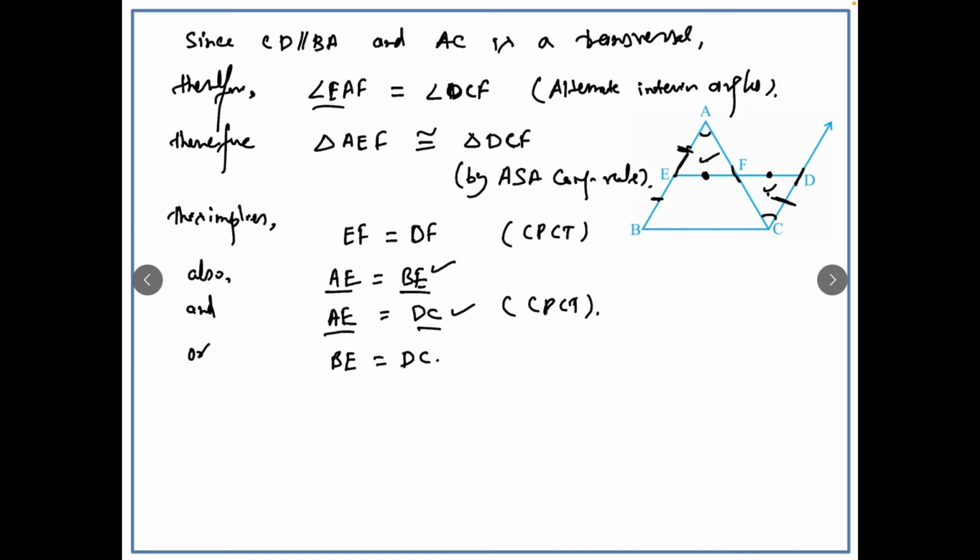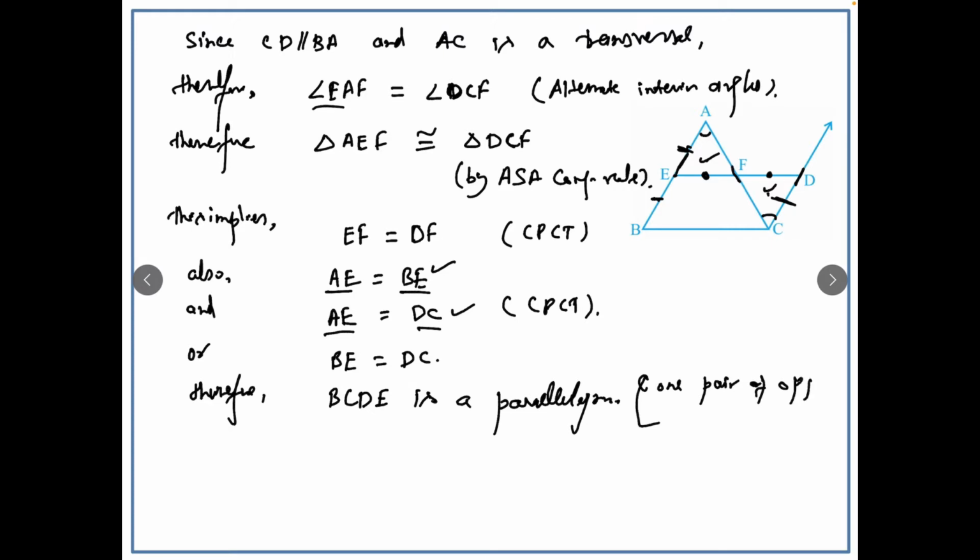So we can say that therefore BCDE is a parallelogram. The reason for this is that one pair of opposite sides is equal and parallel.